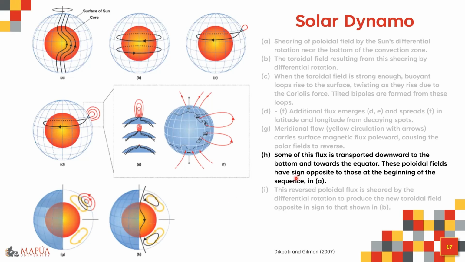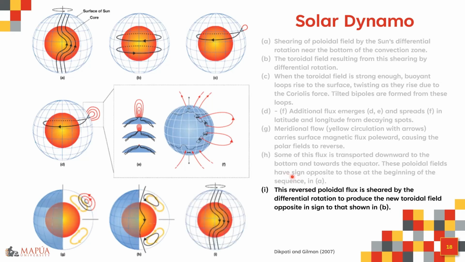Okay, and then the reverse process will start to happen. So you will notice here, at the start, the direction of the magnetic field is actually going northward. And then after the complete rotation or after the complete cycle, the polarity reverses.